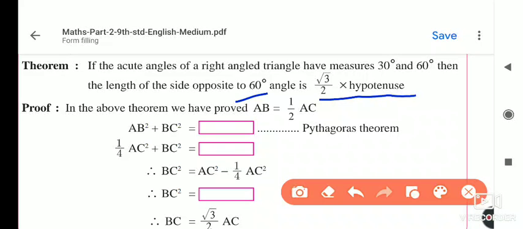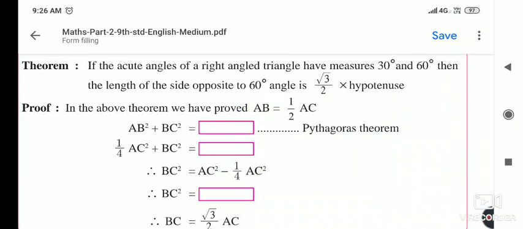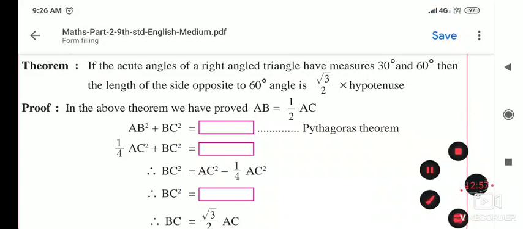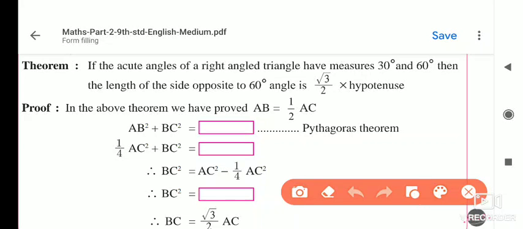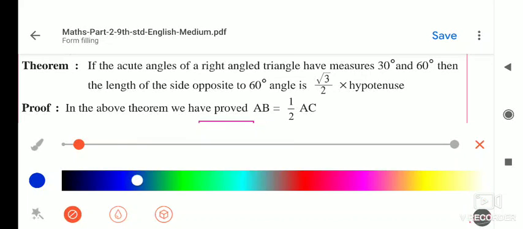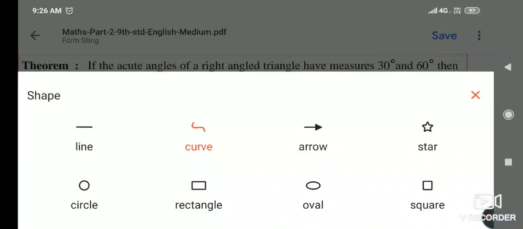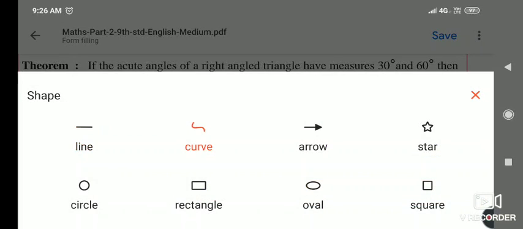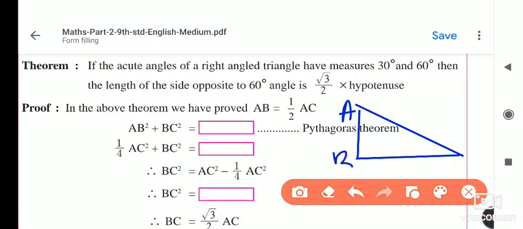The figure is the same, we have to take triangle ABC, with A, B, and C.